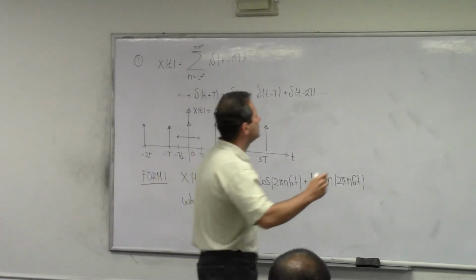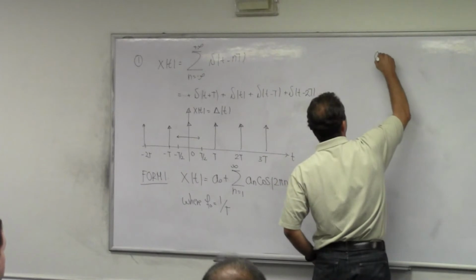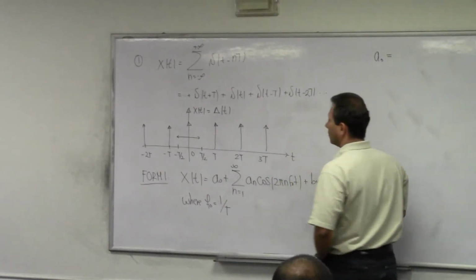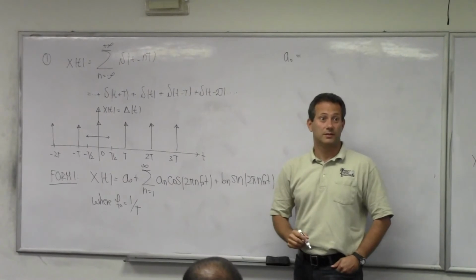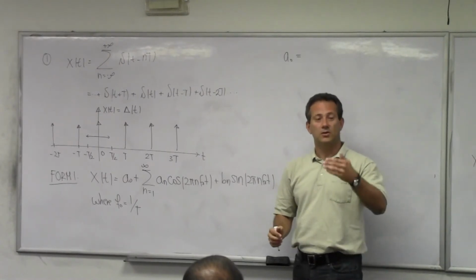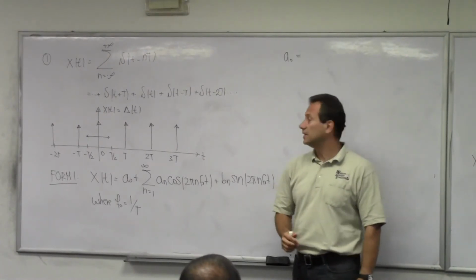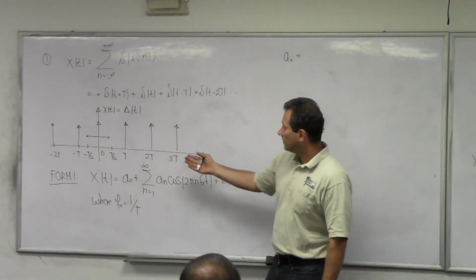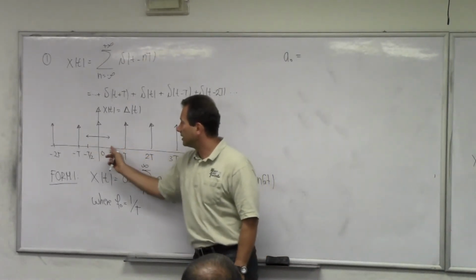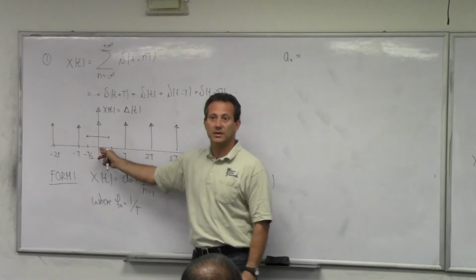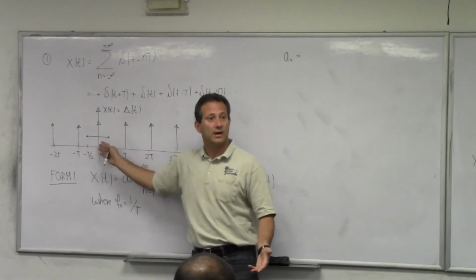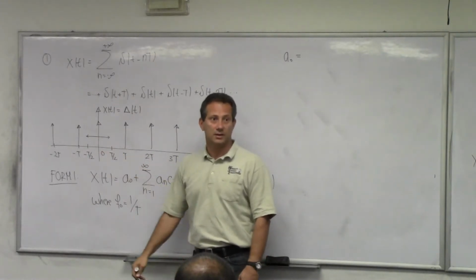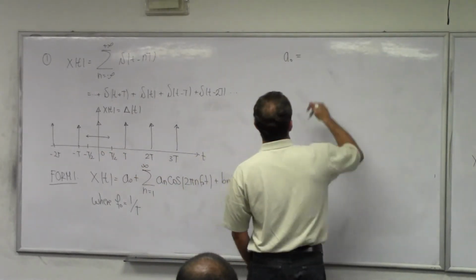So, what is a0? 1 over T. Do we all see that that's the case? That's the first thing: you guess, and then you demonstrate that this is the case. How do you guess it? Well, if I integrate from here to here, essentially I'm integrating the area under this delta, which is 1, and I have to divide by the duration of the integration interval, T, to get the answer.